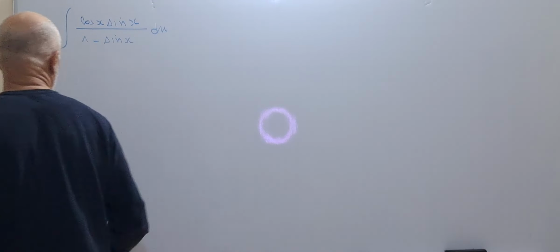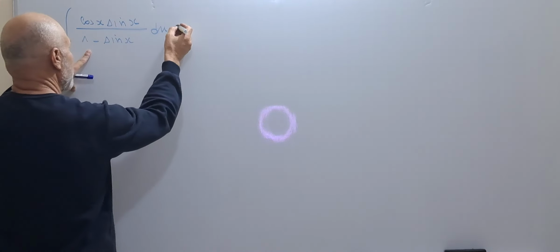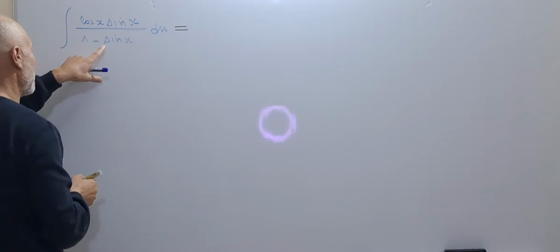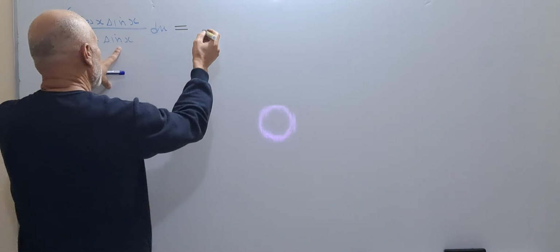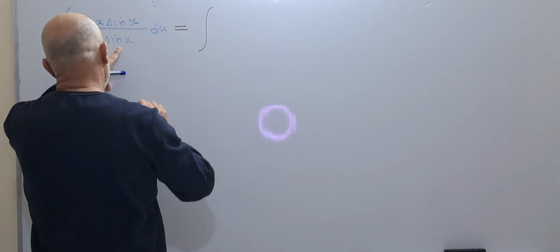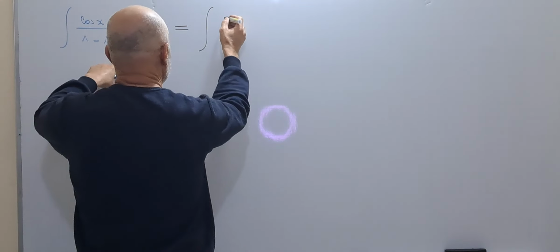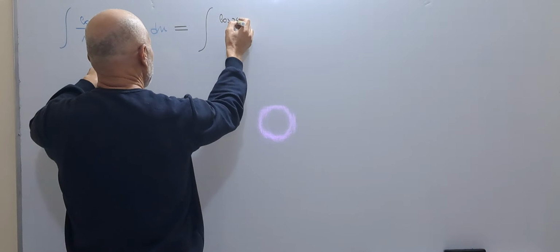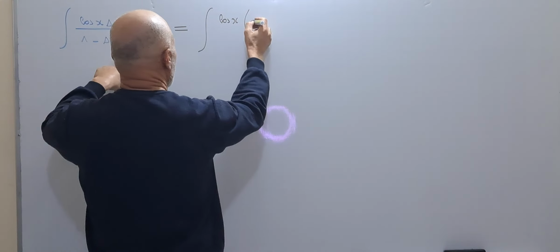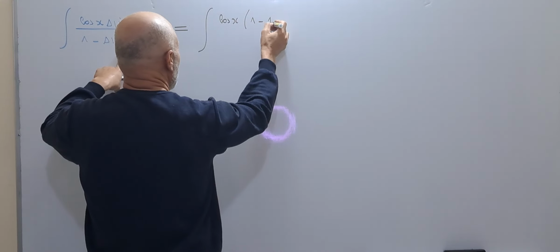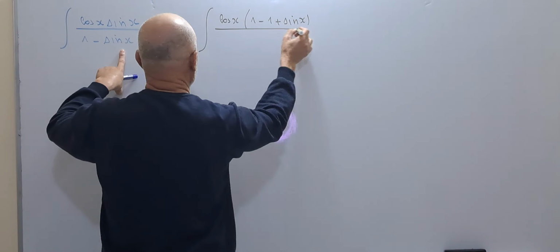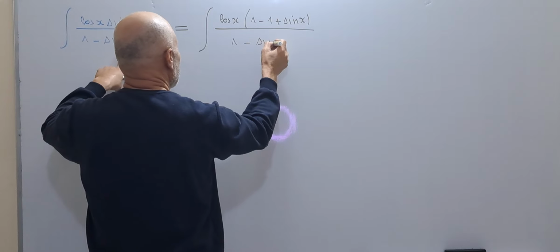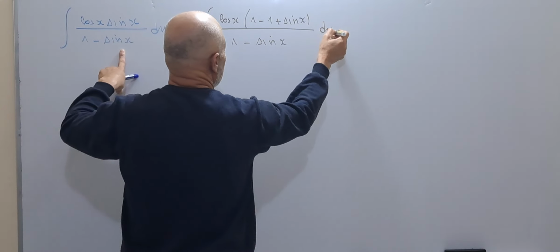The second method: here we have 1 minus sine x, so we can write it like this: cosine x times 1 minus 1 plus sine x over 1 minus sine x dx.